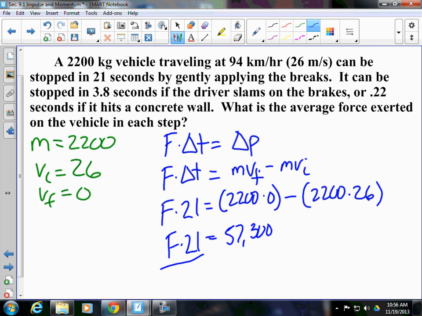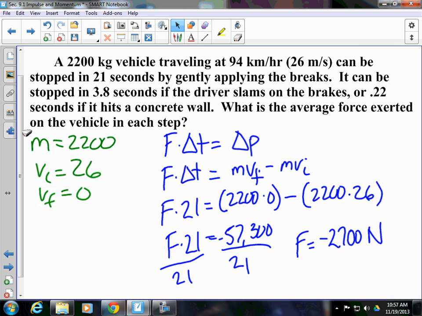You divide by 21, and the force in this first example ends up being negative. Sorry, that should have been a negative 57,300 simply because we were subtracting our initial. Our force is negative 2,700 newtons.